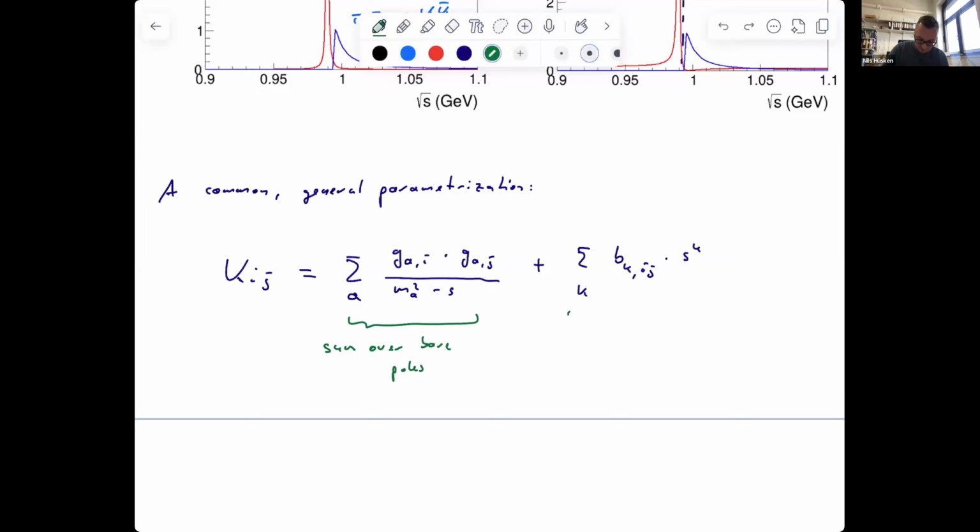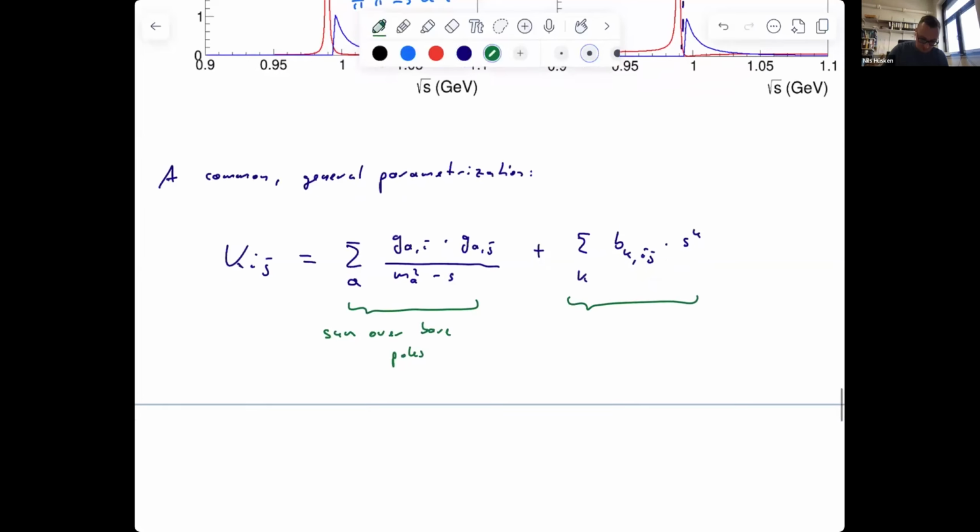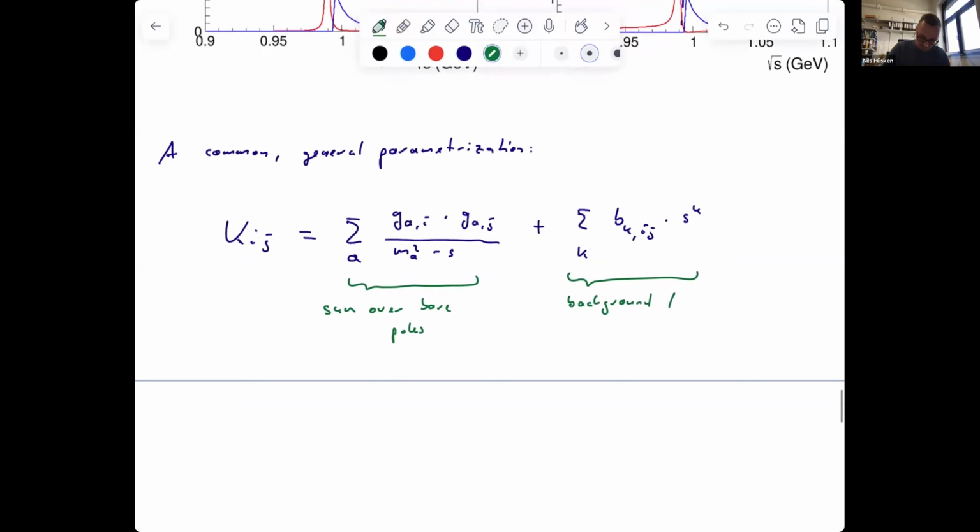You will often find this called background terms. That's not because that's physical background. This is supposed to be signal channel. So I think maybe a better name for this would be to call it non-resonant or contact terms. But again, it's nothing complicated. It's really just a polynomial in the center of mass energy squared.